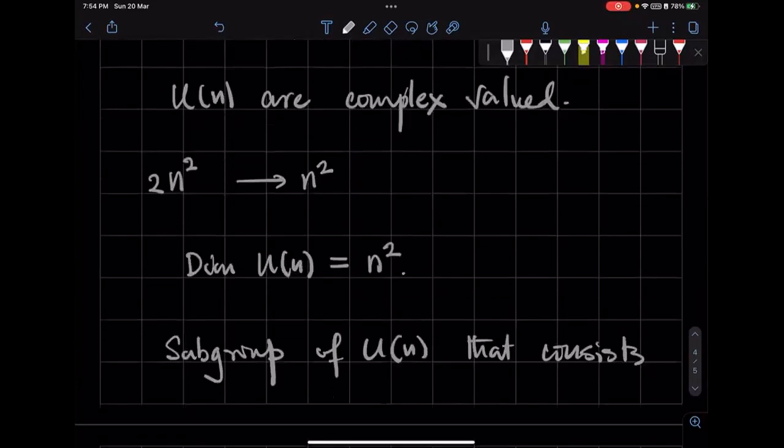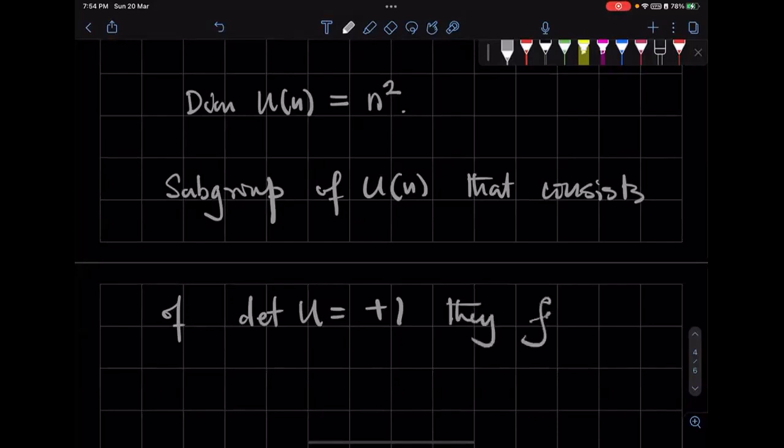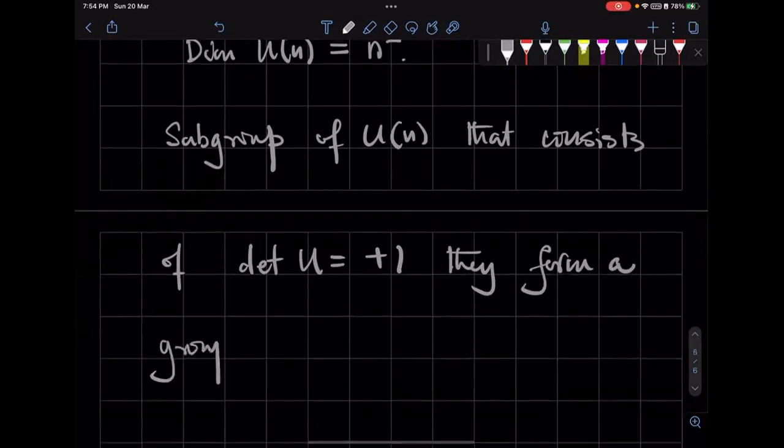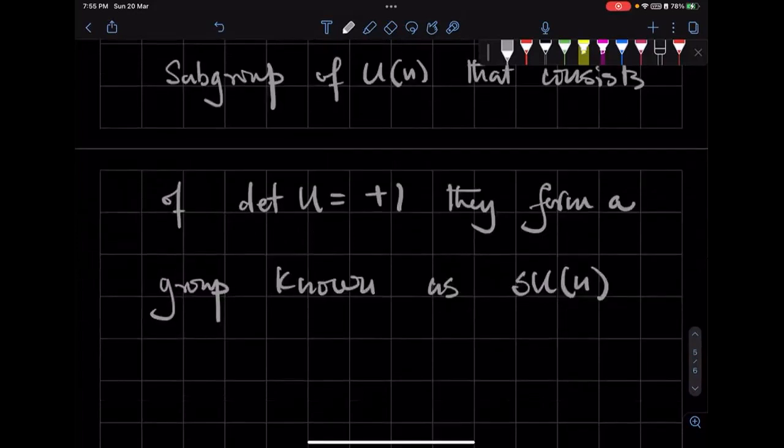The subgroup of UN that consists of all matrices with the determinant of U equal to +1 forms a group, known as SUN. S stands for special, which is this condition.